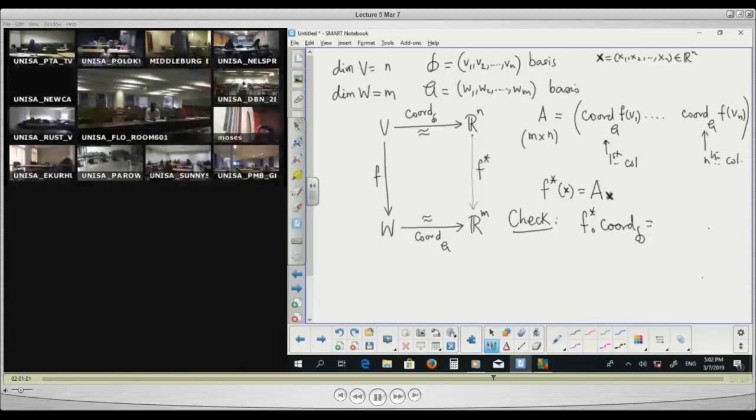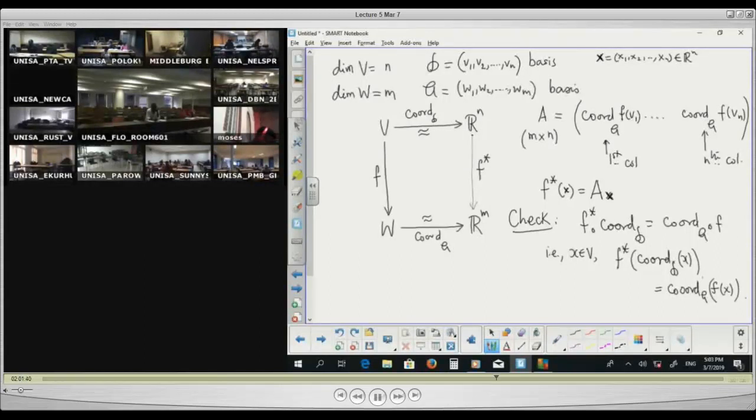If you take any X in V, F star of coordinates of X, what is the coordinates of F(x)? It is F star of the coordinates of this, okay? So you multiply this matrix.